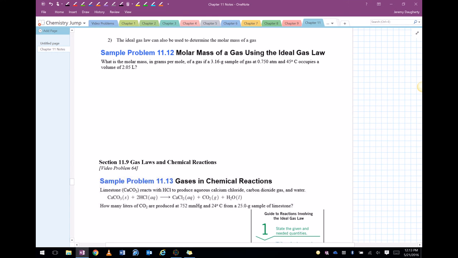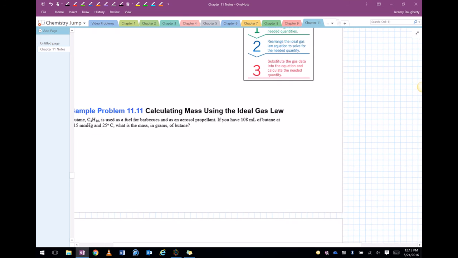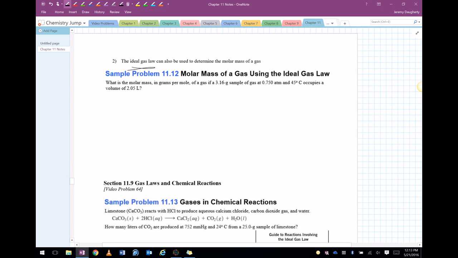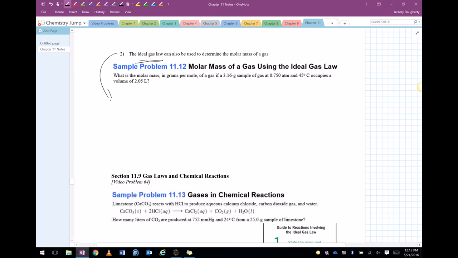Now, we can also use the ideal gas law to calculate the molar mass of a gas and the density of a gas. Let me show you how we can use the ideal gas law to calculate the molar mass of a gas. So here's the ideal gas law, PV equals nRT. Now, we know that molar mass is equal to grams divided by moles.